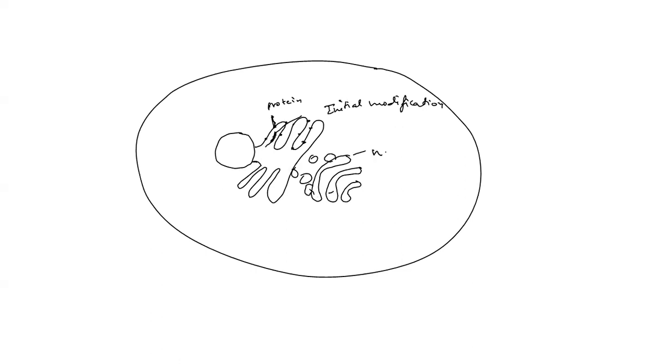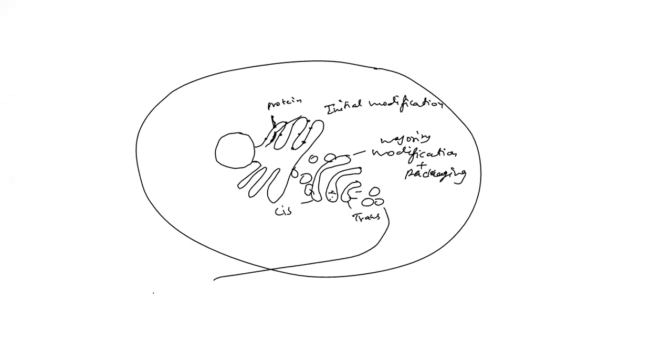Here the majority of modification plus packaging is done, and then these proteins are secreted out in the form of vesicles. This is the cis face, which receives the vesicle. This is the trans face of the Golgi body, which secretes the vesicle.